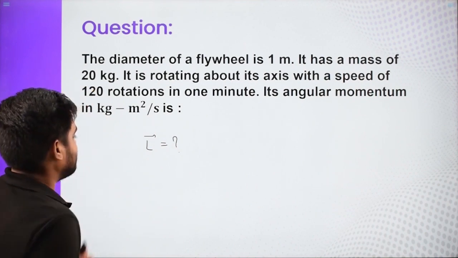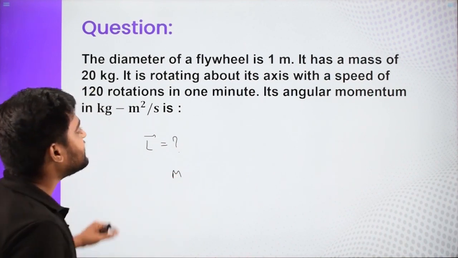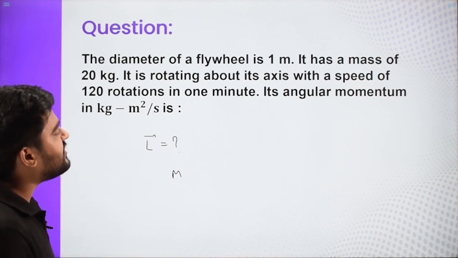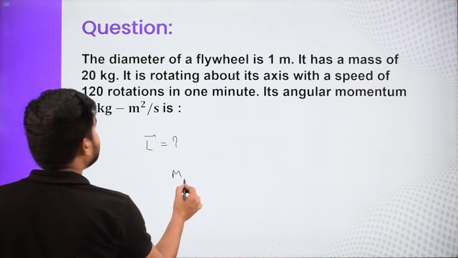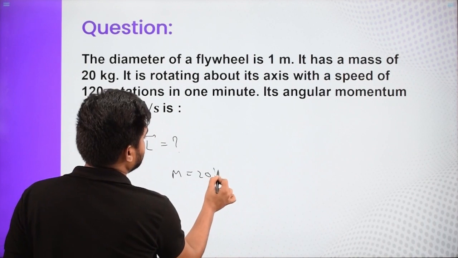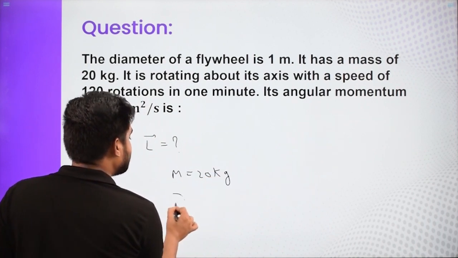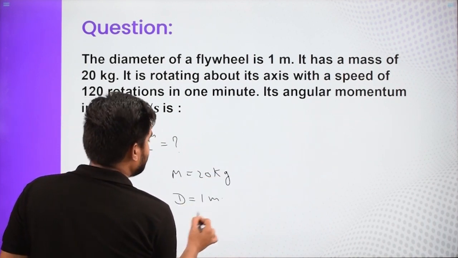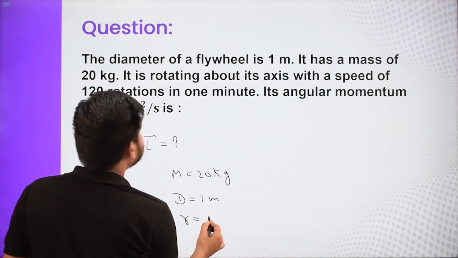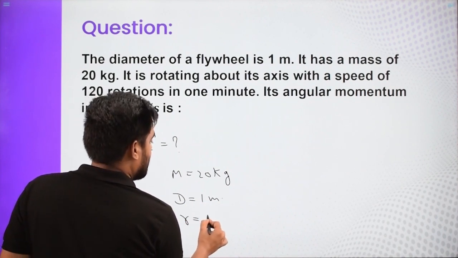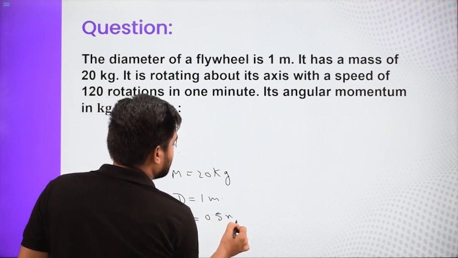I have mass, 20 kg. The diameter is 1 meter, so the radius is half meter or 0.5 meter.